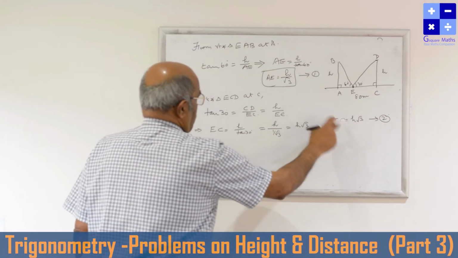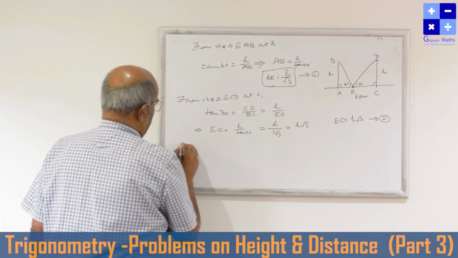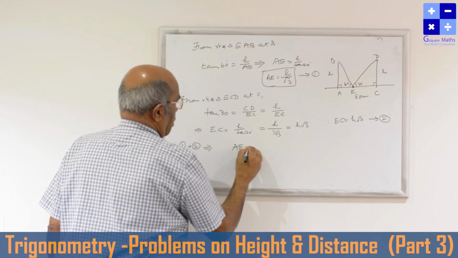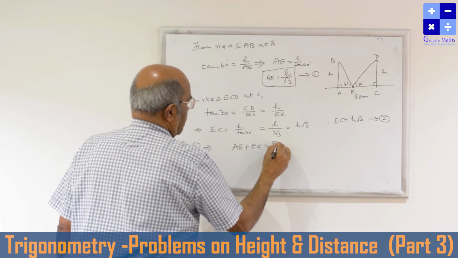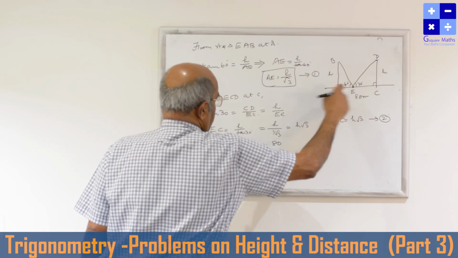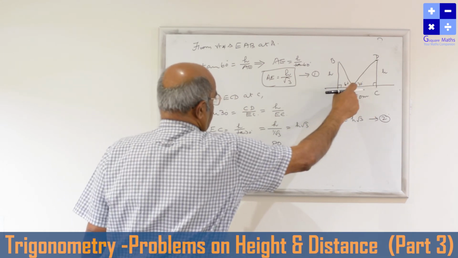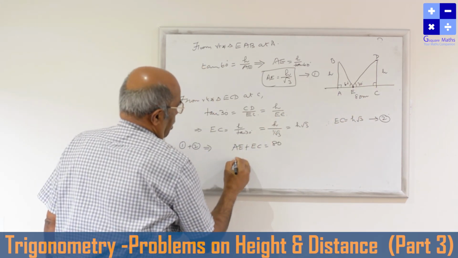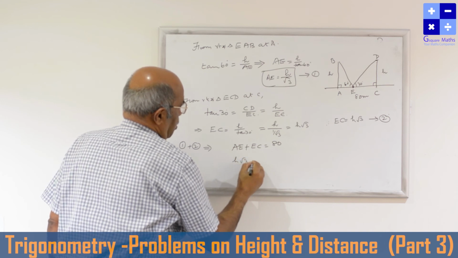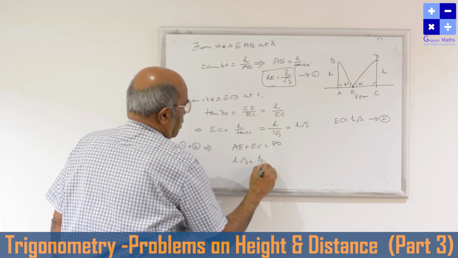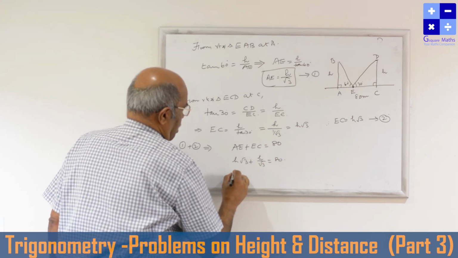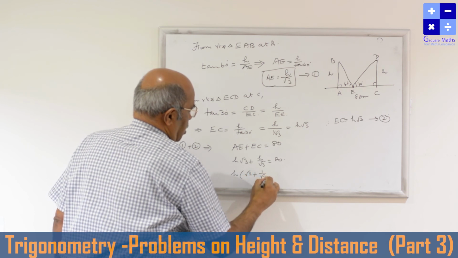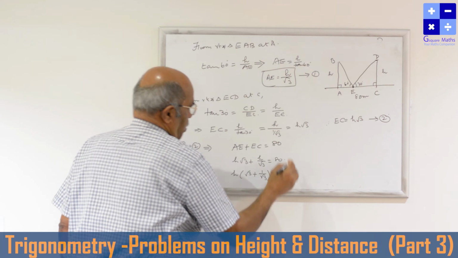And so, just add these two. Equation 1 plus 2 gives AE plus EC is equal to 80. AC is the width of the road, E is in between that. So, AE plus EC is equal to 80. Therefore, H root 3 plus H by root 3 is equal to 80.